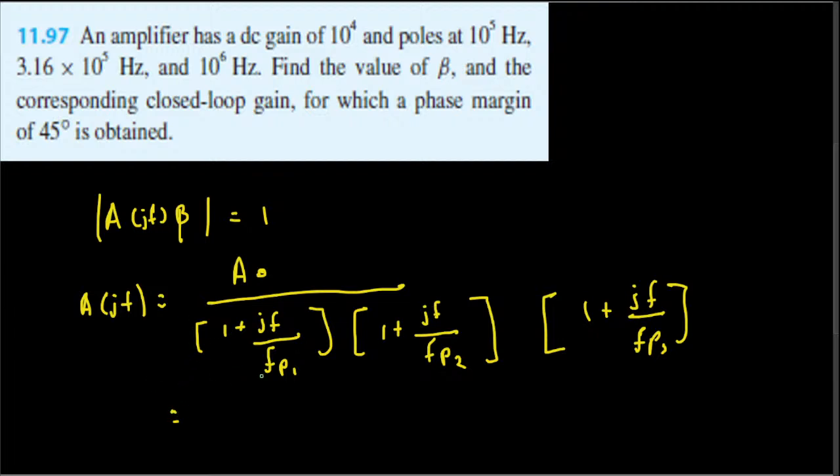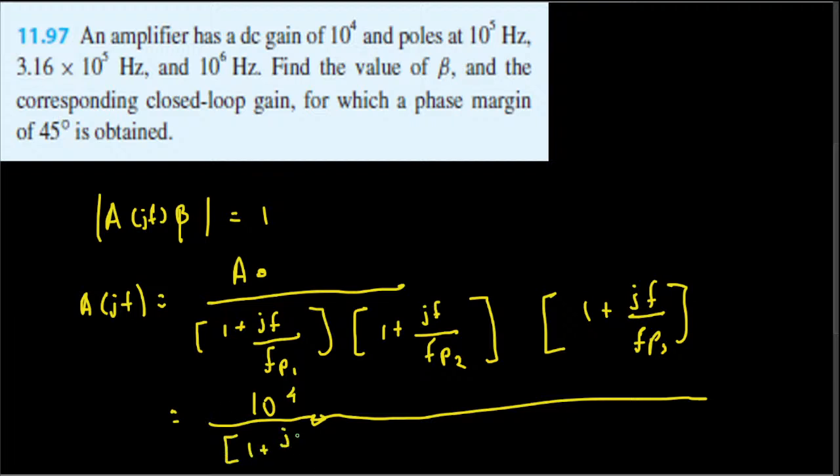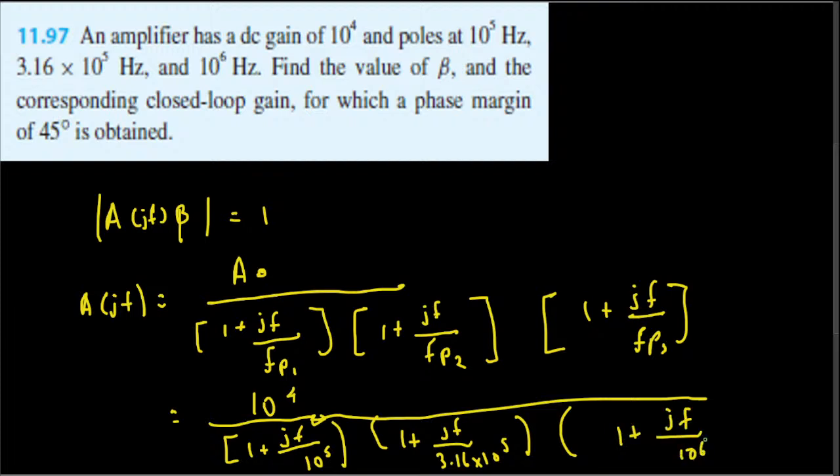So here this is 10 to the power of 4 divided by 1 plus jf over the first pole frequency, which is 10 to the power of 5 Hz, and the next one is 1 plus jf over the next pole frequency, which is 3.16 times 10 to the power of 5 Hz, and the third one is 1 plus jf over 10 to the power of 6 Hz.